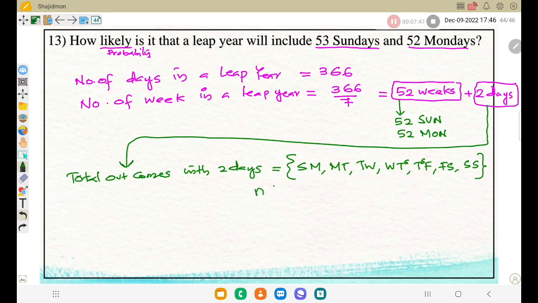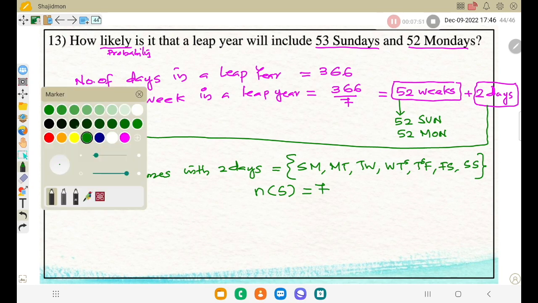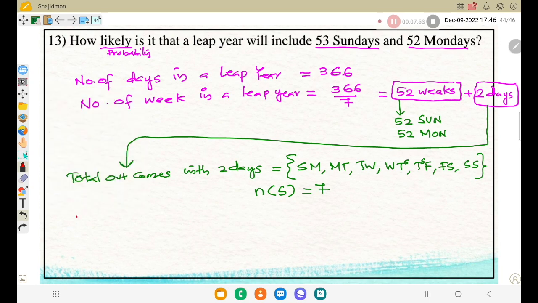So number of elements of S equal to 7, sample space equal to 7. Now what is our event here? A means, what is the event? 53 Sundays and 52 Mondays.